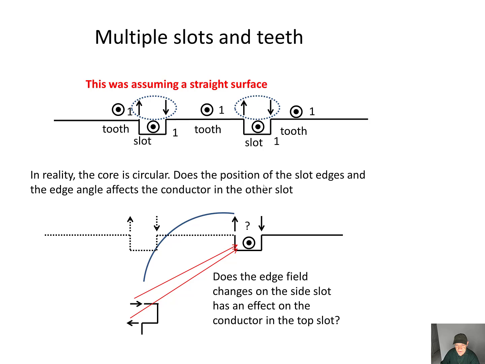Does the position of the slot edges and the edge angles affect the conductor in the other slot? If you think about a rotor as like another slot in this position, do these edge field changes on the side of the slot have an effect on the conductor in the top slot? Yes, it does, because this position is not the same as this position. It's a different angle with respect to this conductor.